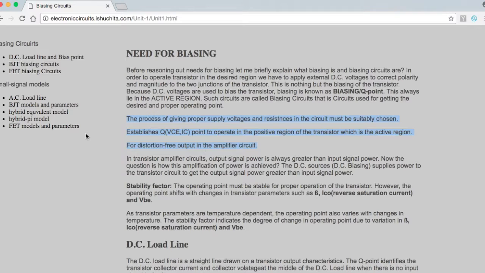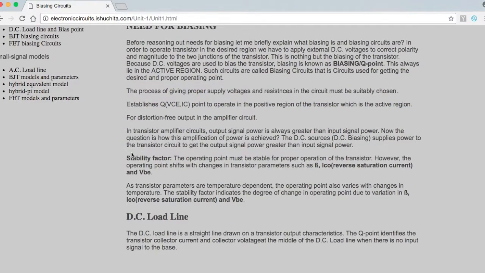It establishes a Q point to operate in the active region of the transistor, and for a distortion free output in the amplifier circuit. So this is the reason. There are a few more definitions, like the stability factor, which is important. I think they might give you a short question on it in your paper.